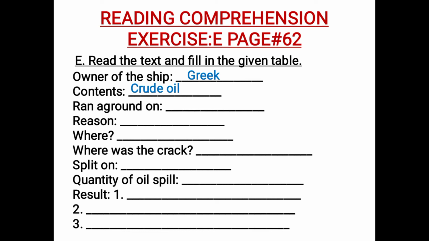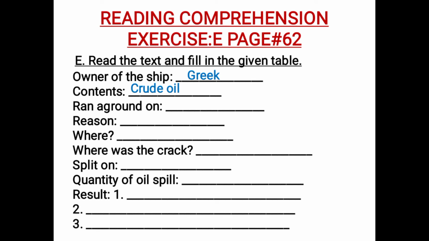They're just asking you the quantity of the oil spill, meaning out of 67,500 how much oil spilled on the ground. The whole 67,500 tons of oil did not completely spill on the ground. Some of it did.